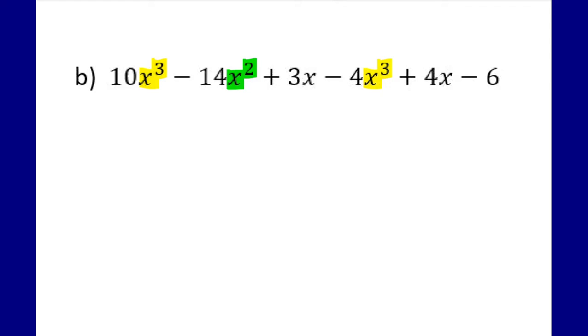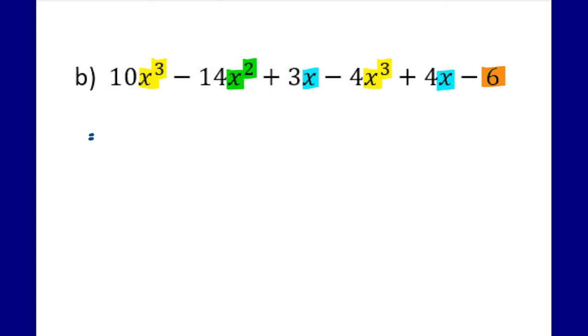There is no other term that has an x squared, which is fine. It just means we're not going to add anything or subtract anything to it. Next term has an x. We see one other term that has an x. And lastly, we just have a constant on its own, a term that has no letter or variable. Again, there are no other terms, so it's just on its own.